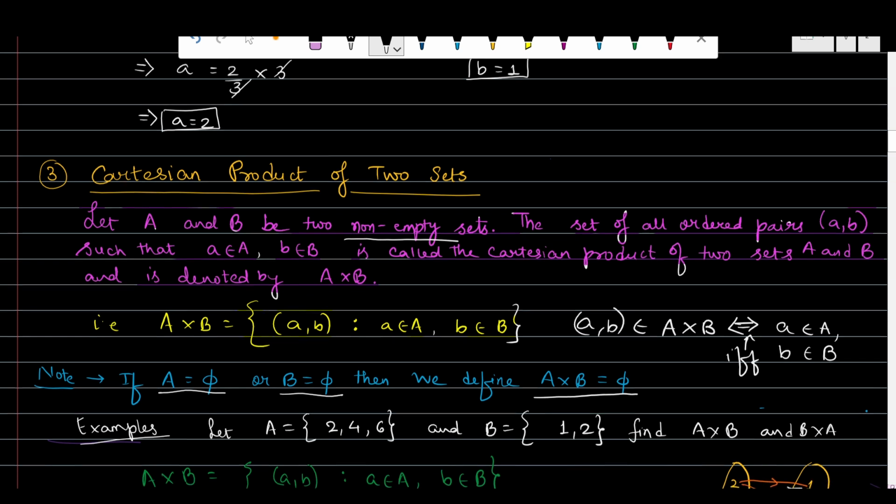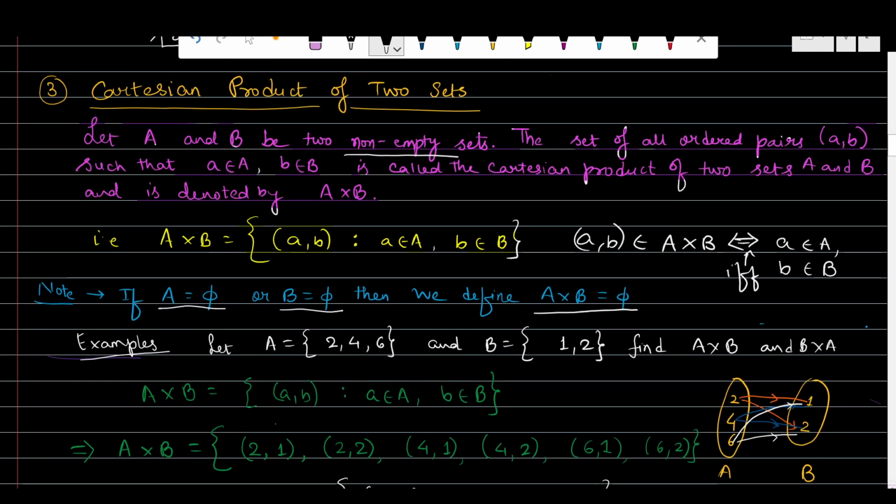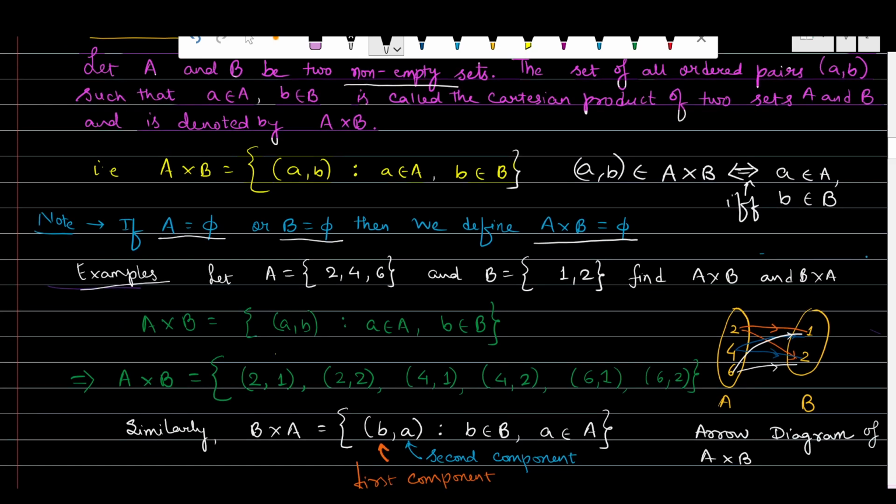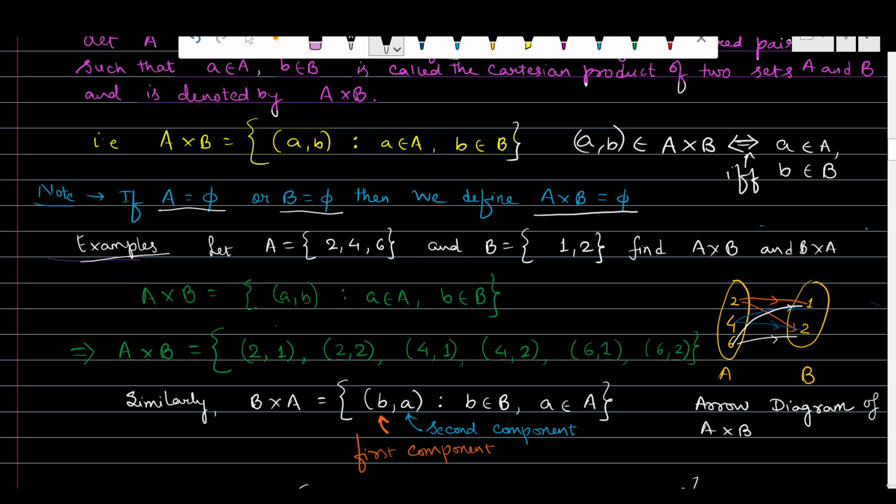Next, let us see how to calculate A cross B and B cross A. So given a set A equals {2, 4, 6} and B equals {1, 2}, we need to find A cross B and B cross A. Now for A cross B, we will take those ordered pairs of the form (a, b) such that this a is from set A and this b is from set B. Therefore (2, 1), (2, 2), (4, 1), (4, 2), (6, 1), (6, 2).